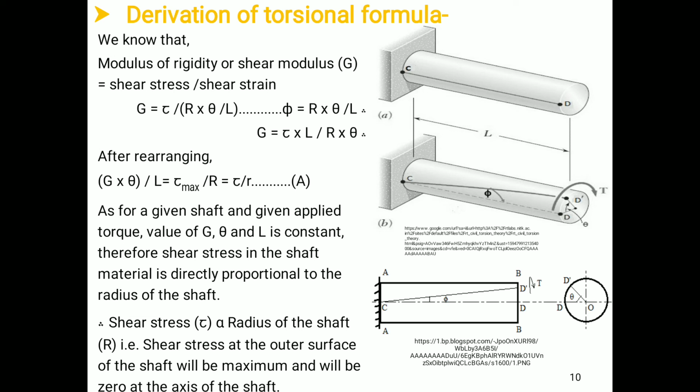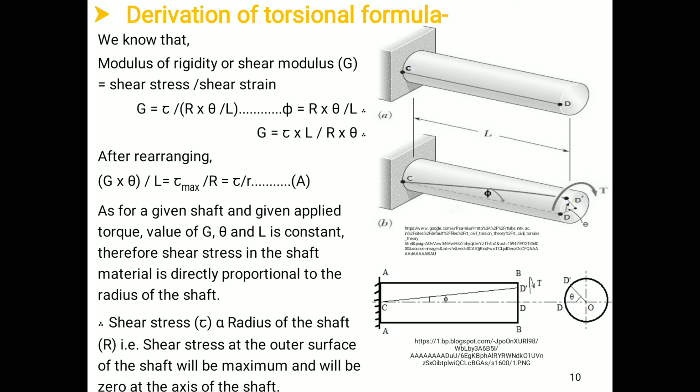That is the reason generally we use a hollow shaft instead of a solid shaft, because as shear stress will be 0 at the neutral axis, there is no use of a solid shaft because it will be a wastage of material.